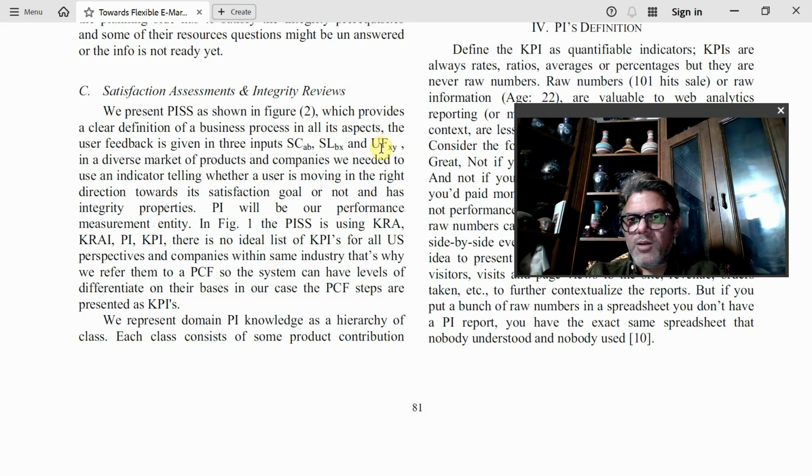But the user click would be a score. And how important this linear progression step is to the business product process classification framework would come with a weight.